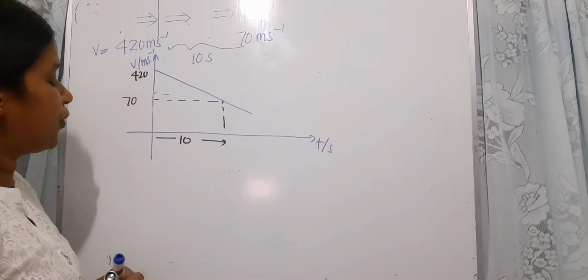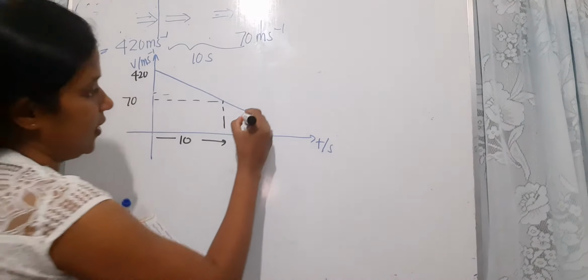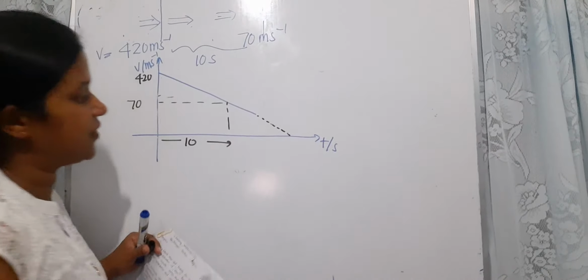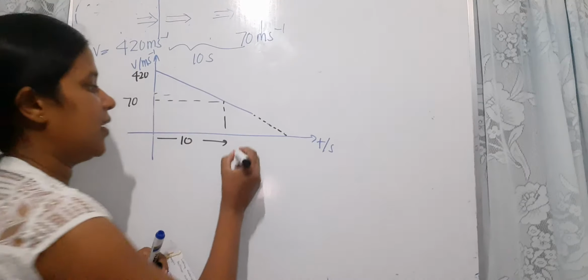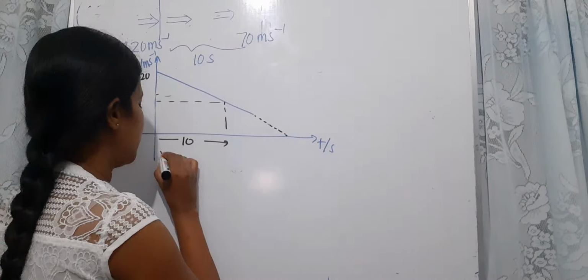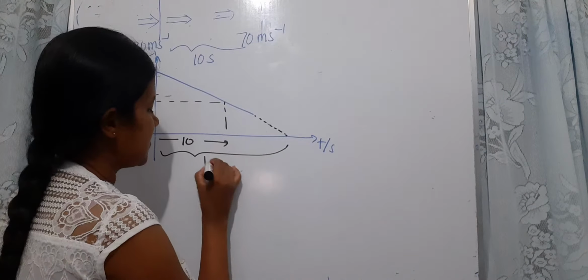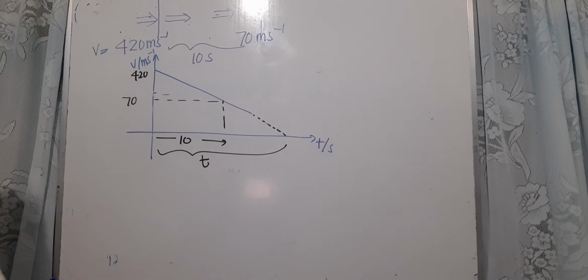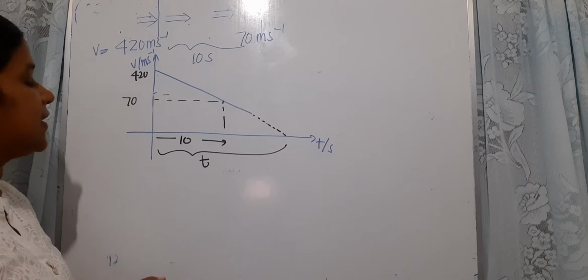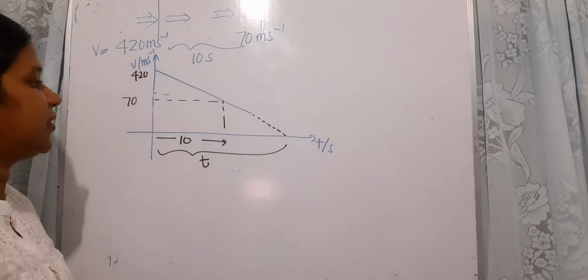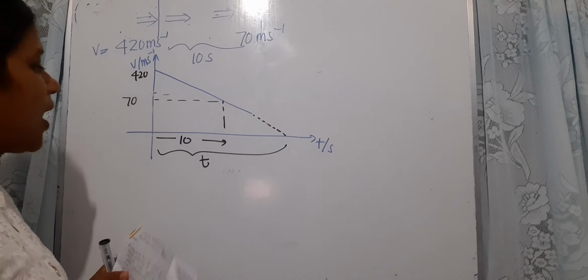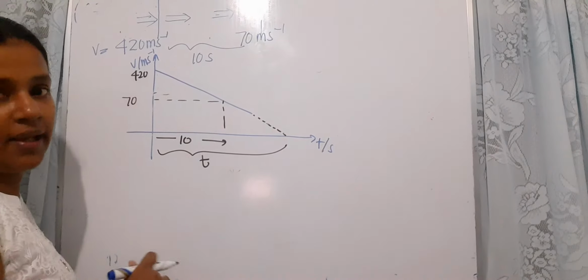So for that we have to find the time duration which it comes to rest. Let's say the total time duration as t. Here deceleration is not given and we have to find the deceleration first. So I'm going to find it at the beginning.